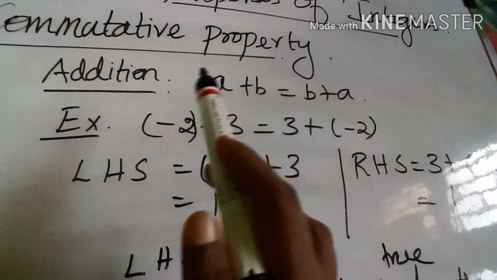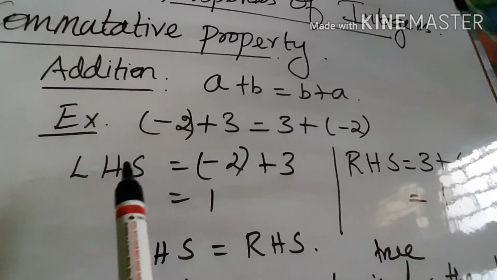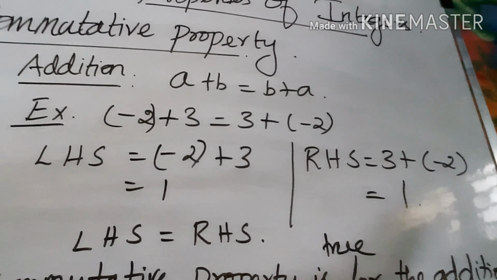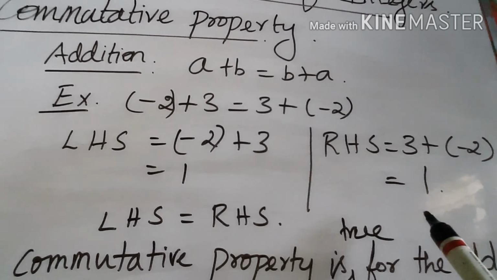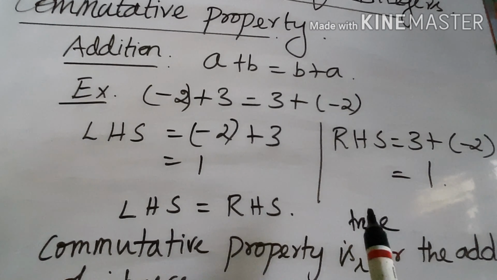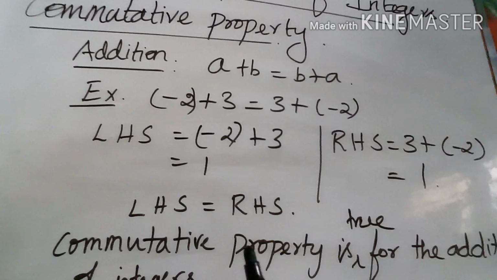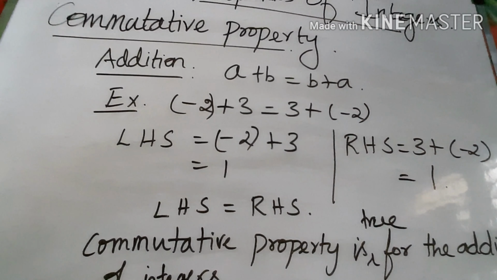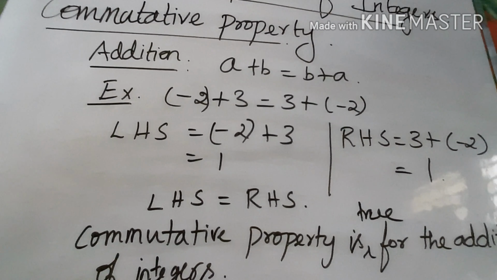When you solve the left hand side, LHS, you get 1, and when you solve the RHS, you also get 1. Both LHS and RHS are equal, so the commutative property is true for addition of integers.